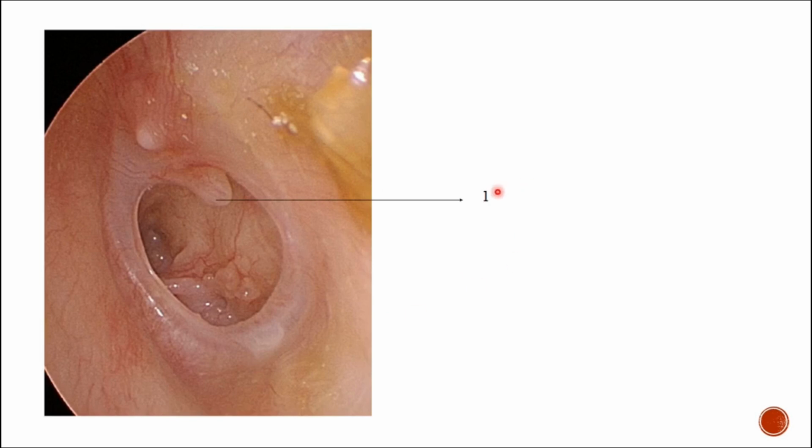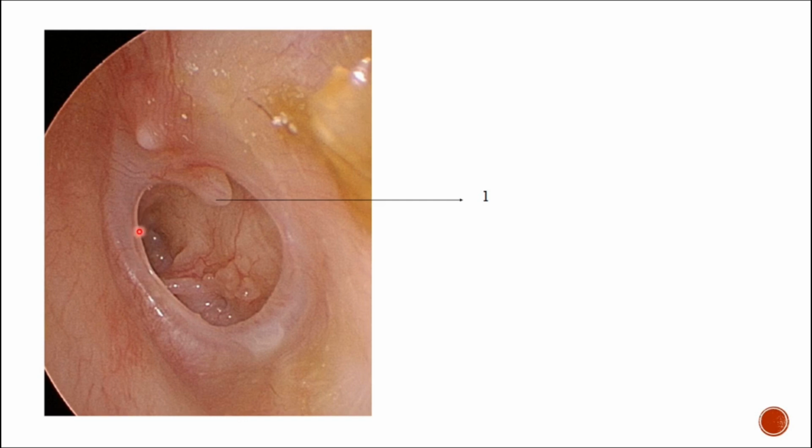So what is this structure which is being highlighted here as number 1? Anyone? What is this structure? You can see here, this is the perforation seen in the pars tensa, and this structure labeled as number 1 is the handle of malleus. Okay. So you can see the margin of the perforation.